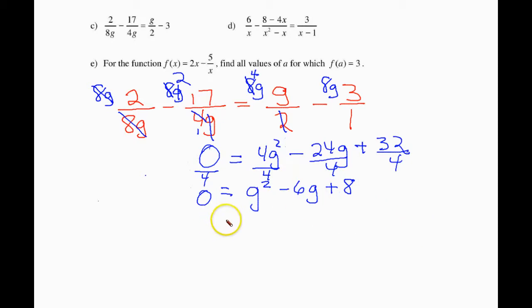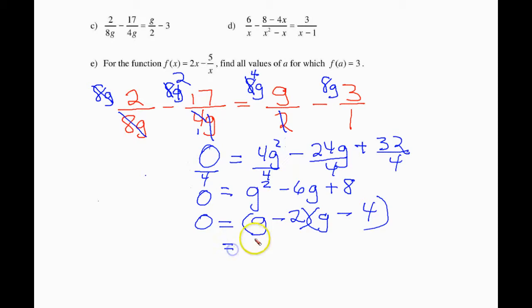That's a little easier to factor. Now we factor this. G, 4, 2, minus, minus.